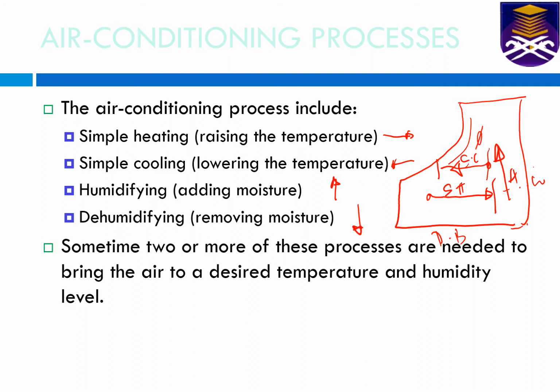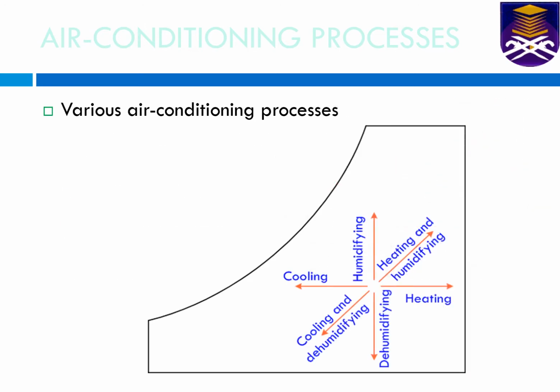If you imagine this as the psychrometric chart, then you can understand how the processes move the air to the actual condition. It depends on our desired temperature and the humidity level that we are looking for.